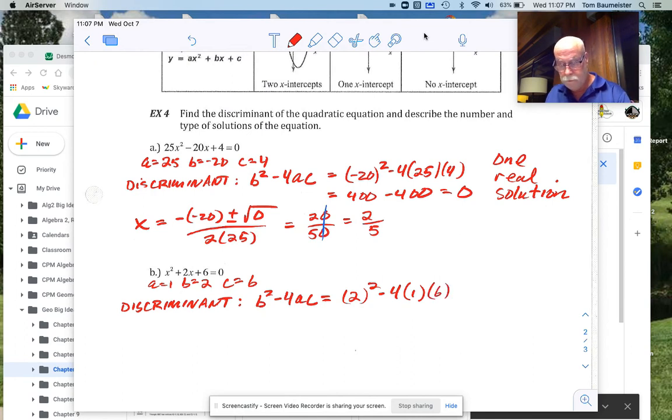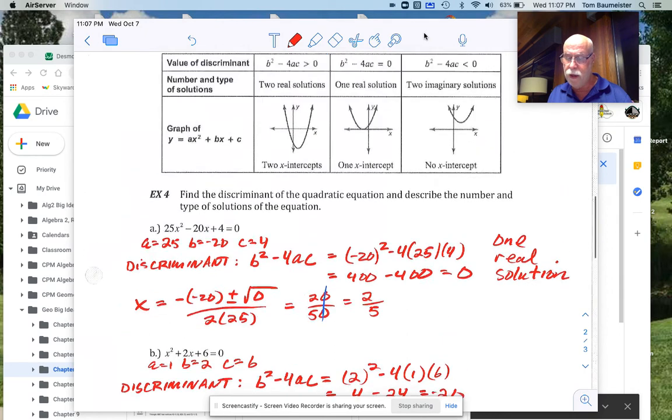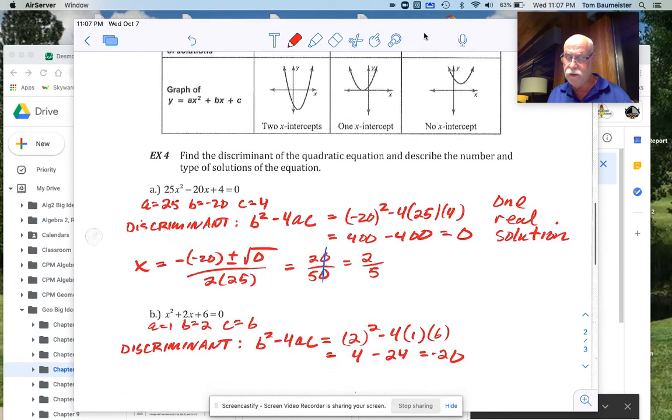Again, 2 squared is 4, minus 4 times 1 times 6 is minus 24. So we'll get negative 20. So according to up above, that's less than 0.